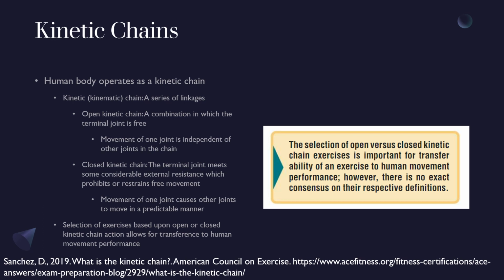A closed kinetic chain is when the distal end of the chain is fixed or in contact with the surface. For example, performing squats or push-ups, where the hands or feet are in contact with the ground. That's a closed kinetic chain.